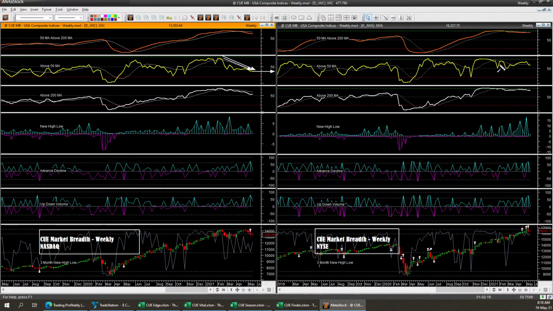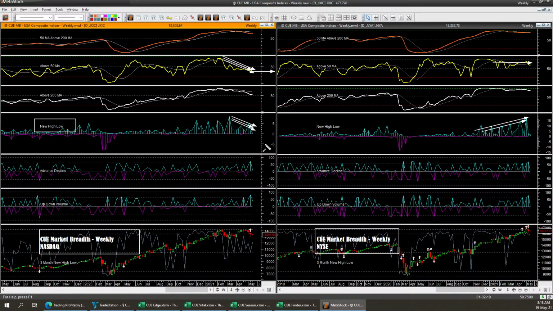Whereas for NYSE, it is moving sideways, above 50%. The relative weakness for Nasdaq is continuing. Also, Nasdaq is making fewer new highs. The percentage of stocks making new highs is coming down for Nasdaq, whereas for NYSE it is going up. That is why the market is overall still in an uptrend.